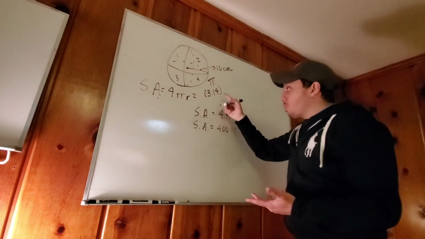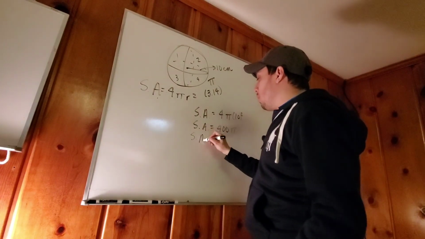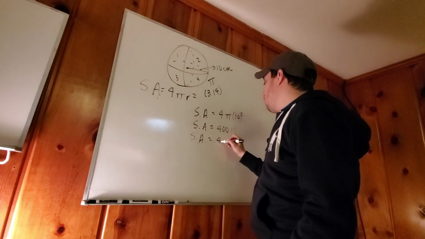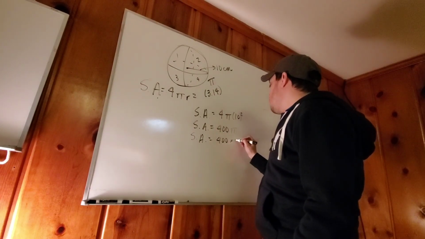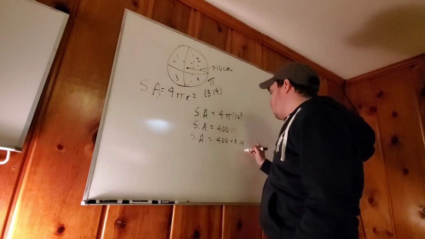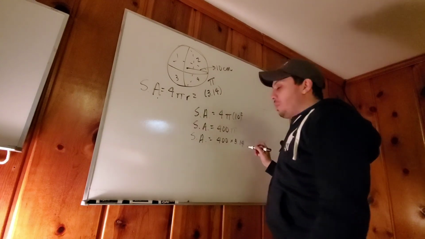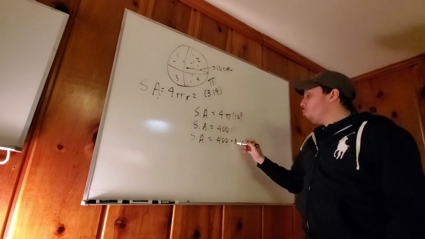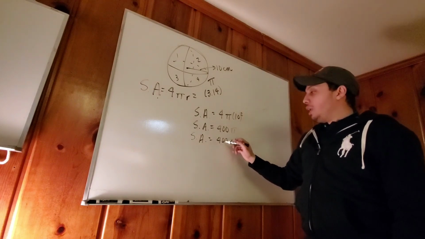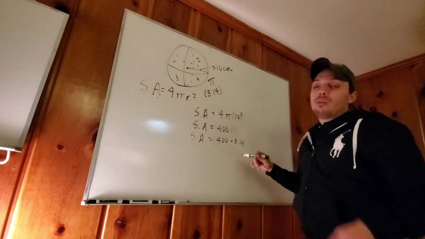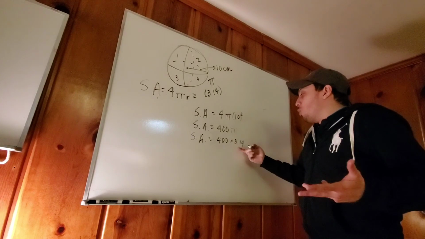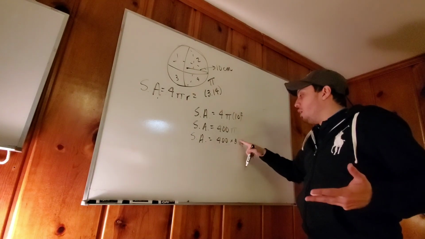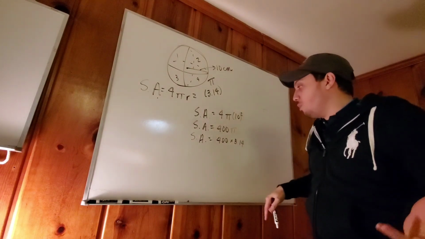But now, what about 3.14? Well, our surface area then would be 400 times 3.14. What I'm going to do is multiply 3.14 times 4. And because it's 100, I know I won't have any decimal numbers. So I'm just going to do 3.14 times 4. And not 3.14, but 314 times 4.